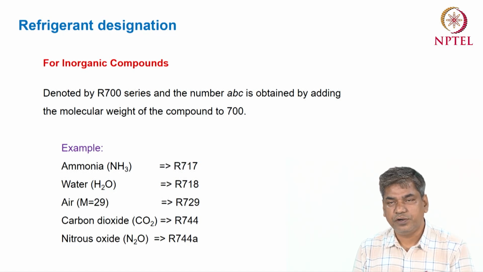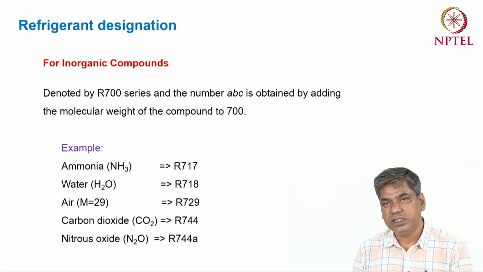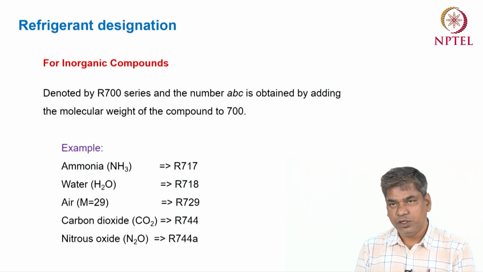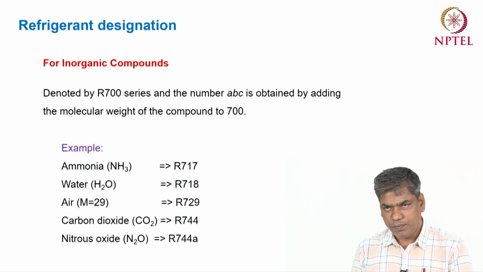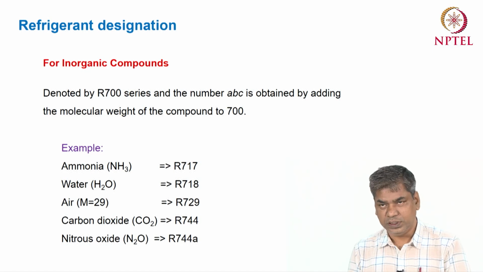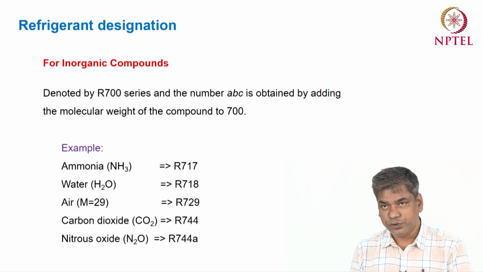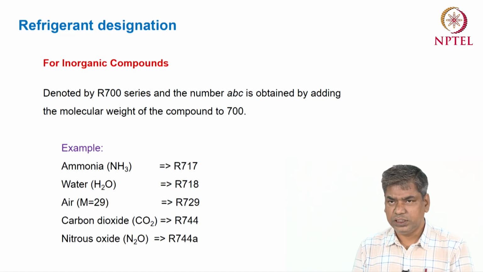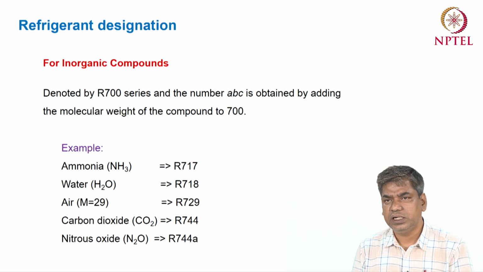Similarly, in the case of carbon dioxide, the molecular weight is 44: carbon 12, oxygen 16 into 2 is 32, and 12 plus 32 is 44. So for this case we will use the nomenclature R700 plus 44, that means R744.